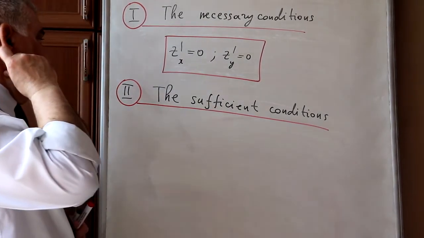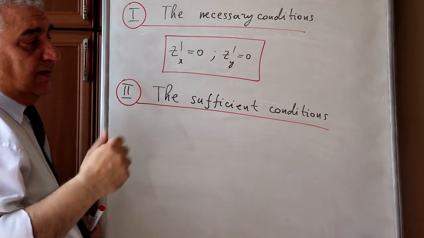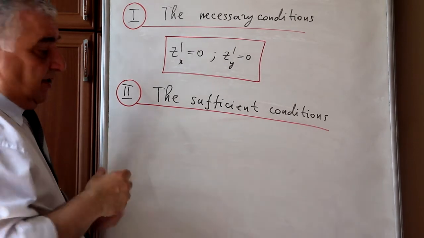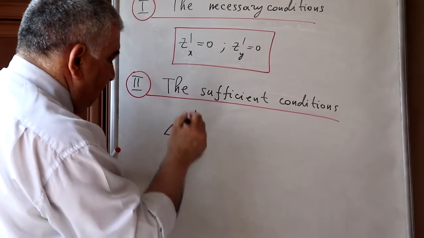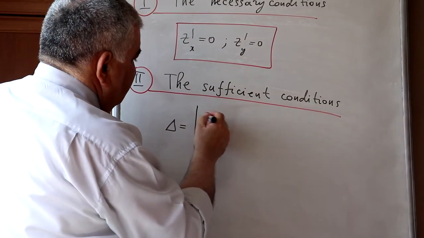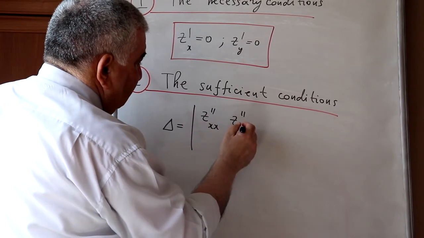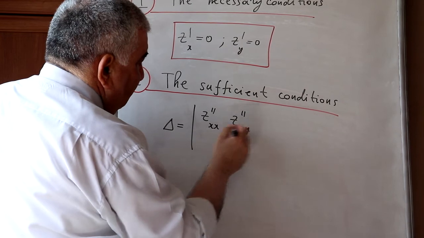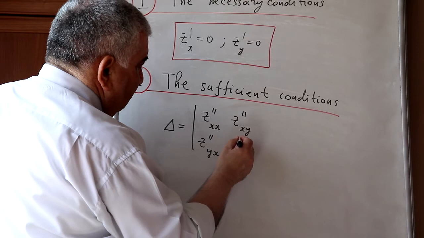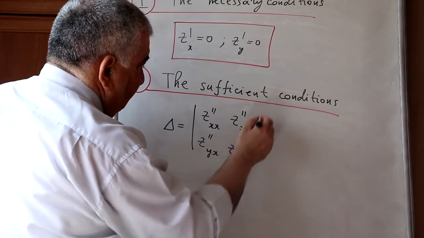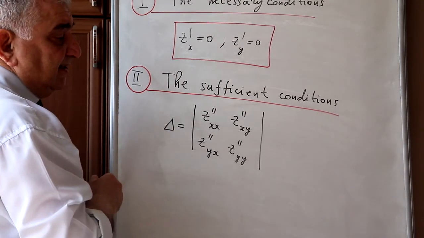Here, the characteristic determinant of second order is constructed. Delta equals z2 prime with respect to x, z2 prime with respect to x, y, z prime with respect to y, x, and z2 prime with respect to y, y. This determinant is named the characteristic determinant.